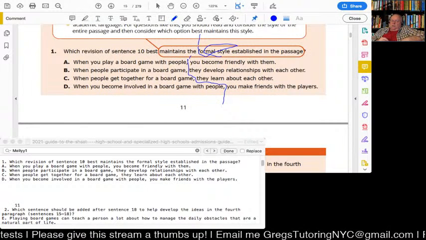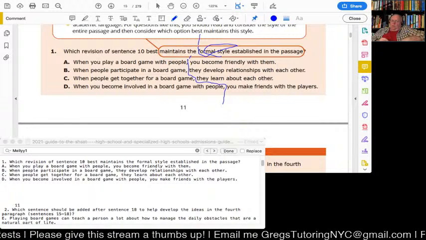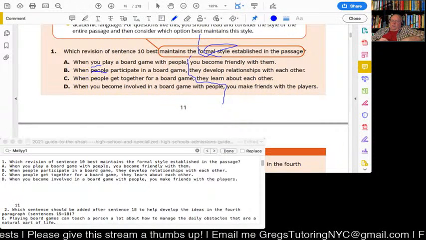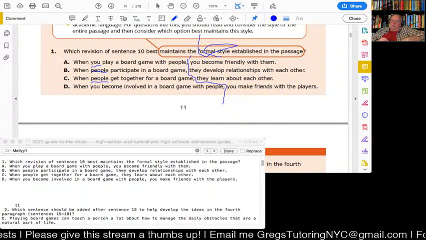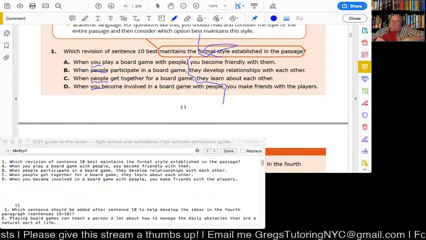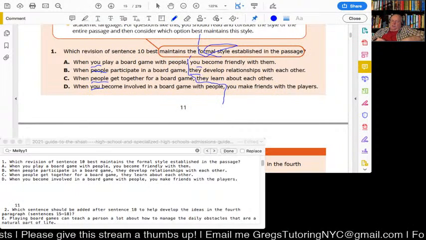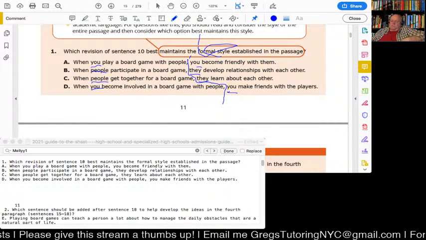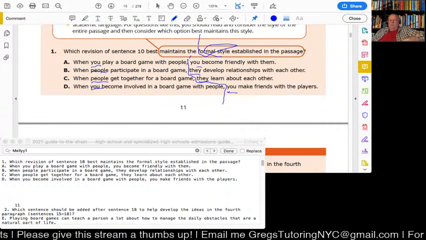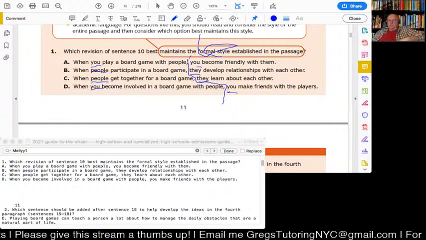It goes when you, when people, when you, when people, and then it's you versus they and you. Does everybody see that? That should leap out at you guys, that they're making those choices.